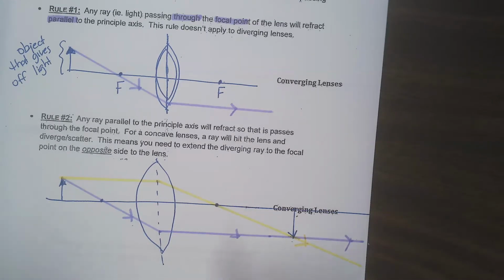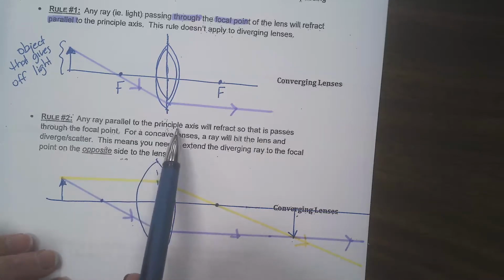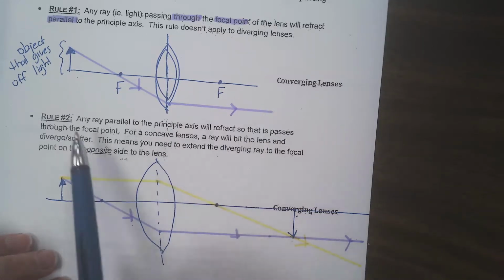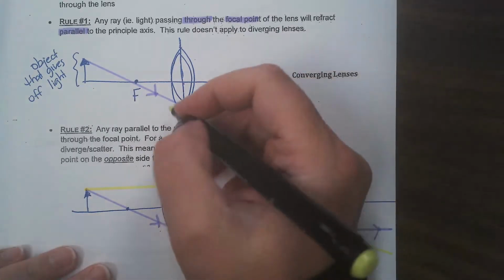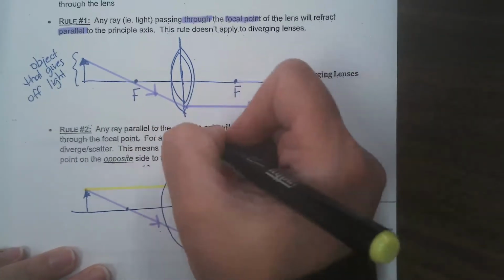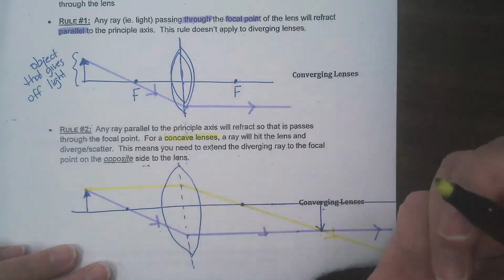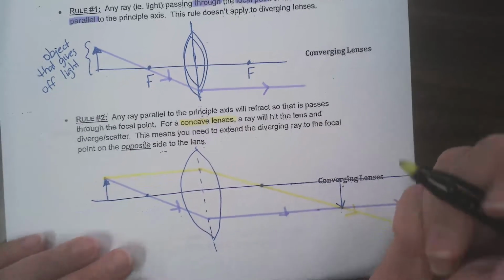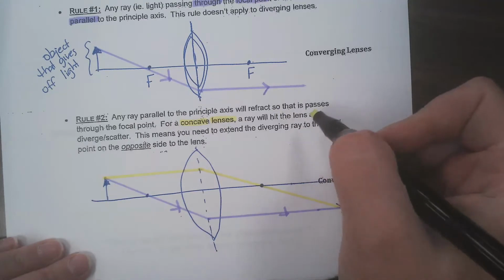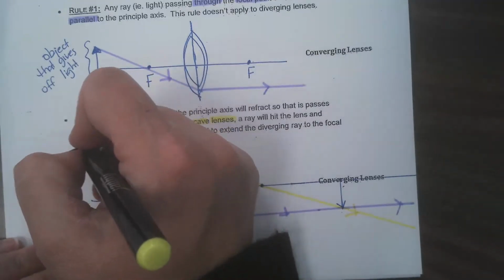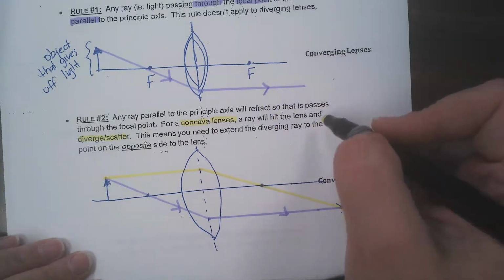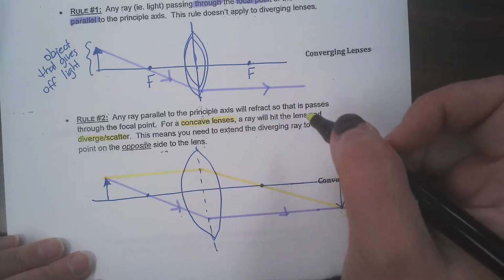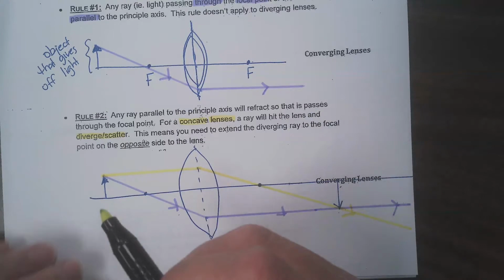So rule 2, any ray parallel to the principal axis will refract so that it passes through the focal point. For a concave lens, a ray will hit the lens and diverge or scatter, which means you would need to extend the diverging ray to the focal point on the opposite side to the lens.